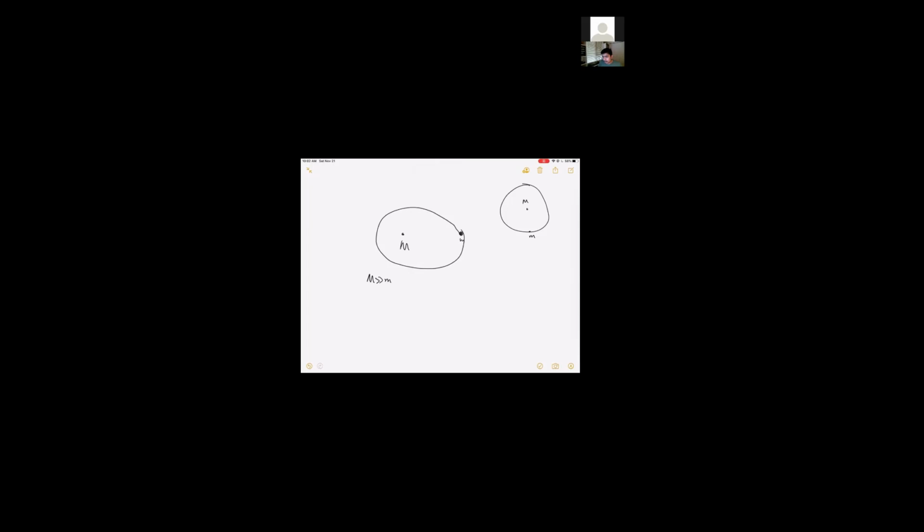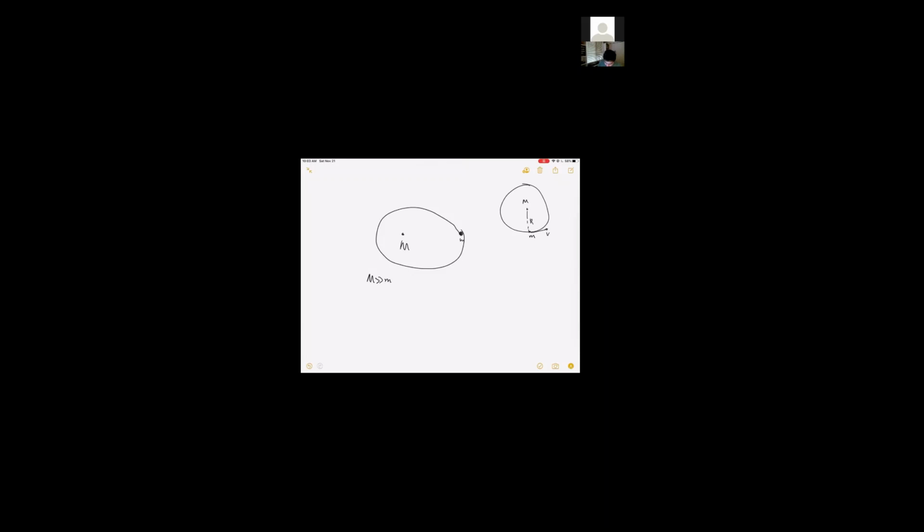In reality, they're both orbiting around their center of mass, but since the larger mass is much larger, we can assume it stays fixed. Now if we have a circular orbit like here, you can solve for the speed that the circular orbit must happen at, if you know the radius.